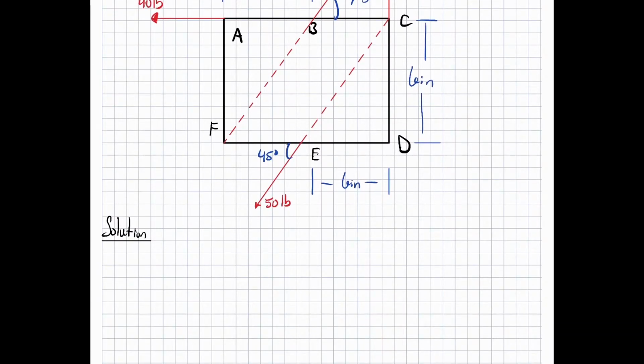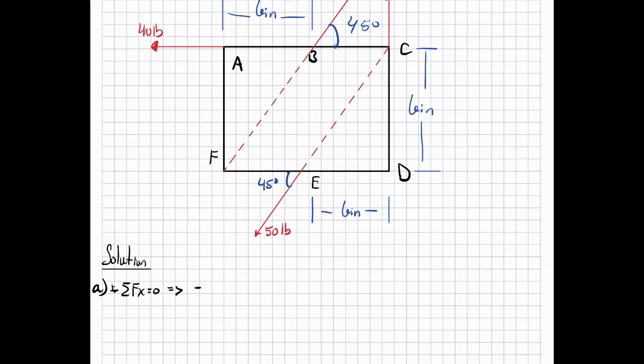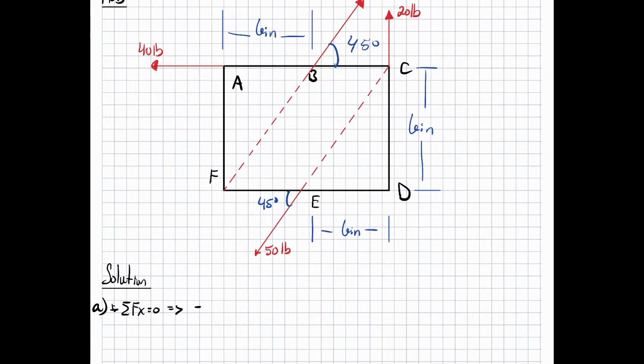Okay, so to start off, let's find the resultant. So we do sum of forces in the x and y. Sum of forces in the x equal to 0. I'm stating that it's positive to the right. We have a negative 40 pounds plus 50 pounds minus 50 pounds equal to 0.